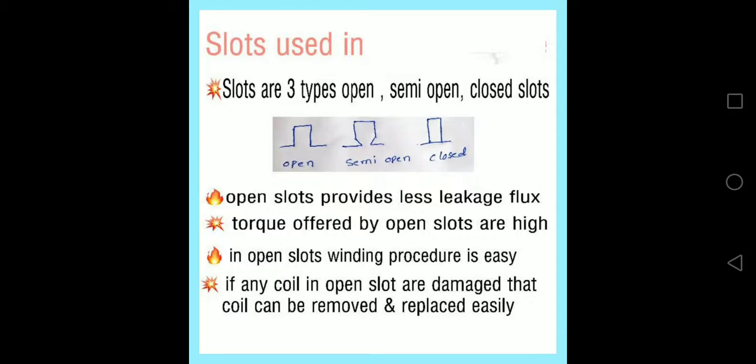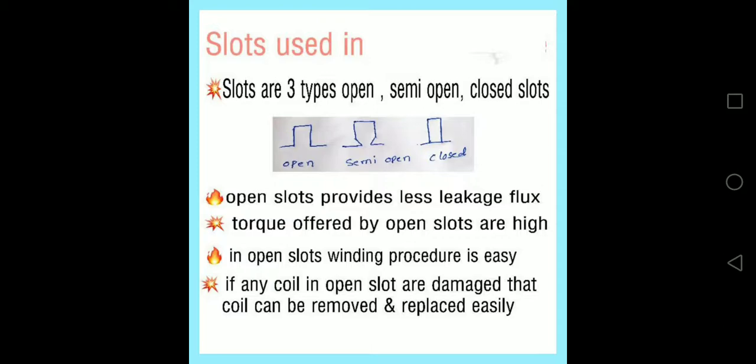The same conditions apply in the closed slot. Write what I am telling, right? If, for example, closed slots are used in the machine, the air gap between stator and rotor is very less.